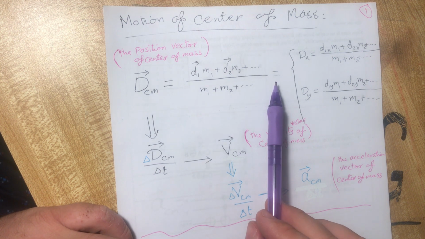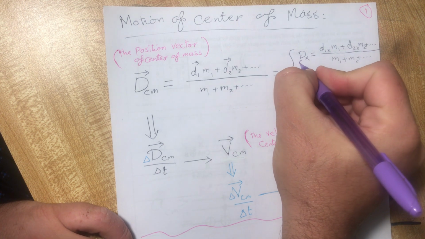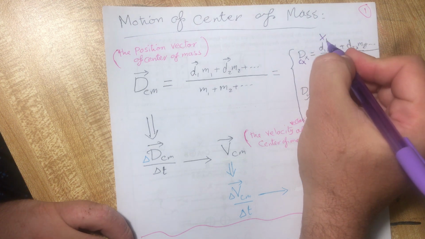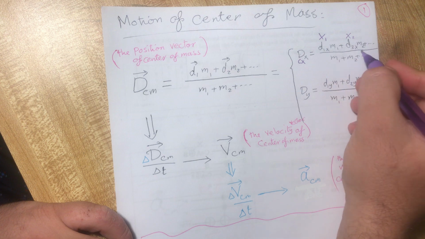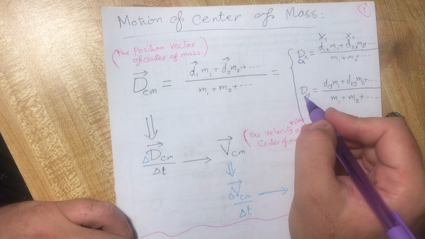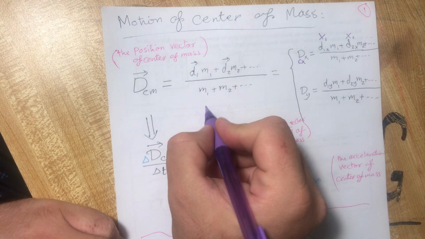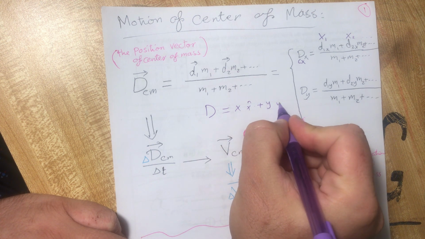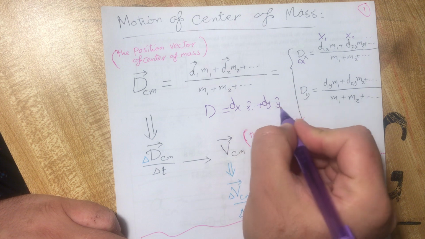This is equal to the position of the center of mass in the x direction, which is x1 multiplied by the first mass plus x2 multiplied by the second mass, and so on. And also the position vector d is equal to dx x hat plus dy y hat.